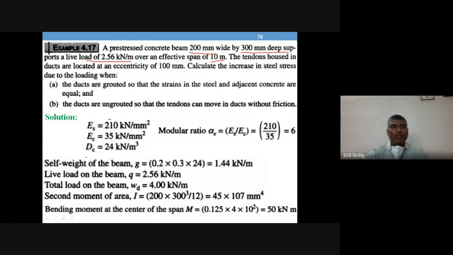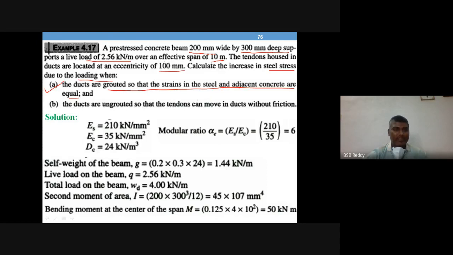The tendons are housed in a duct, located at an eccentricity 100 mm. Calculate the increase in steel stress due to the loading when the ducts are grouted, so that the strains in steel and adjacent concrete are equal. Means that it is in the other way, there is a perfect bond between the concrete and steel.